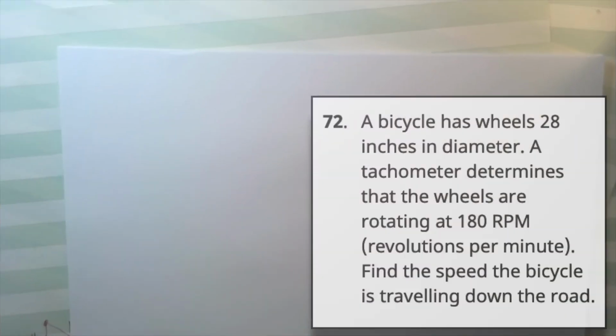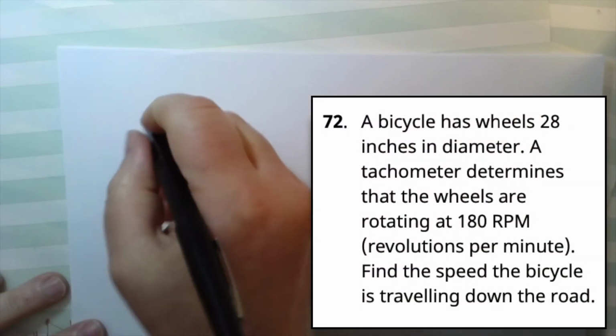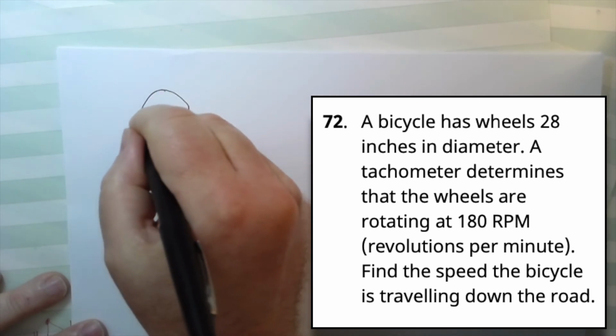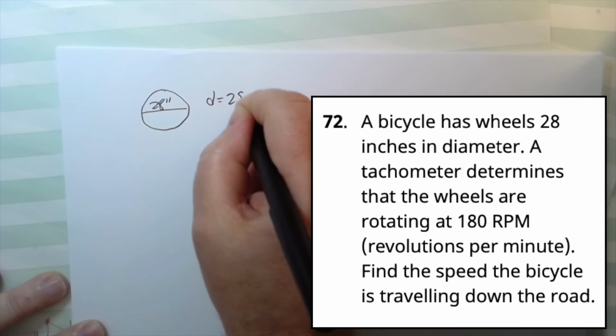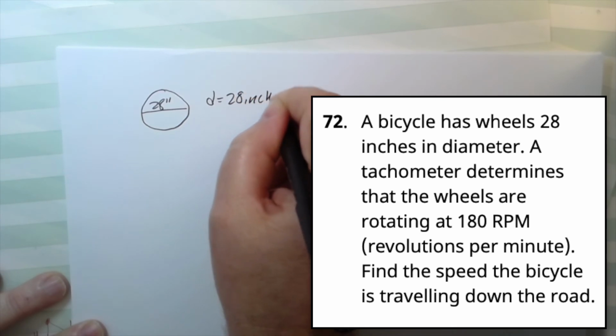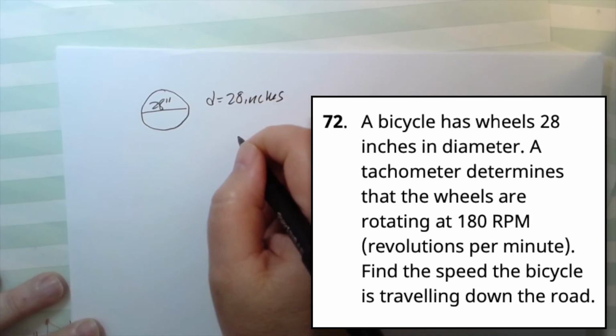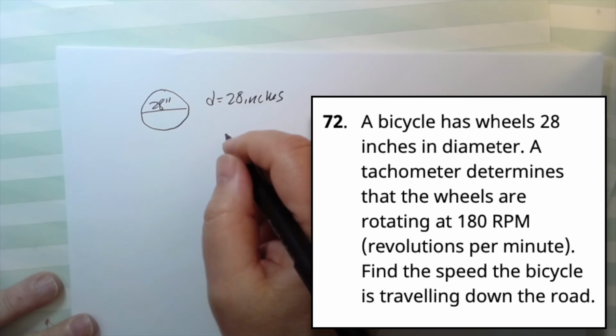A bicycle has a wheel that is 28 inches in diameter. So this is 28 inches. A tachometer determines the wheels are rotating at 180 revolutions per minute.